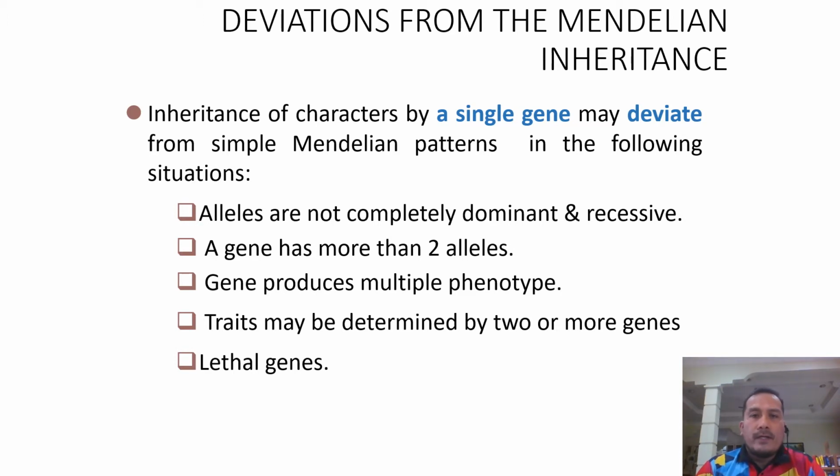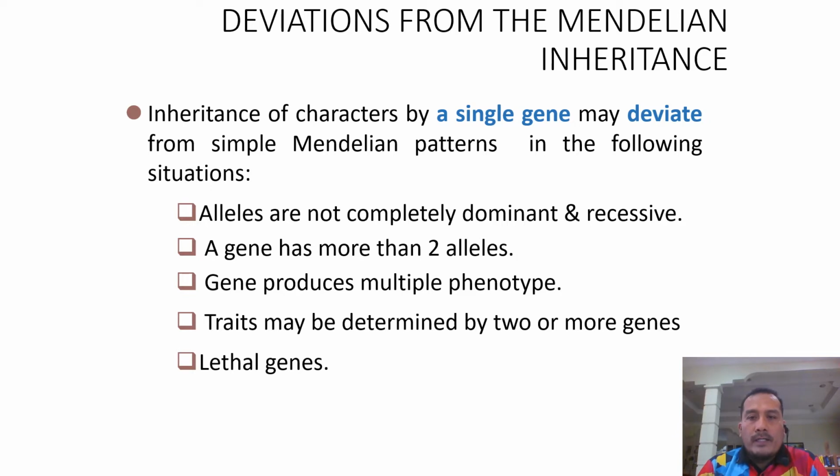When Mendel crossed the homozygous parents, for the monohybrid cross of heterozygotes we get a 3:1 ratio in the F2 generation.